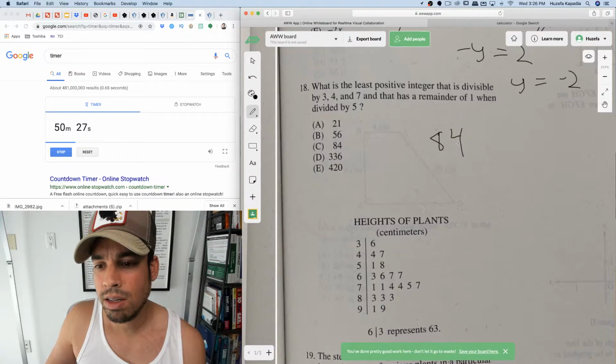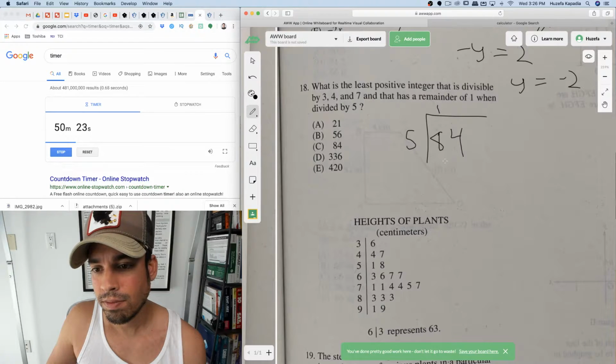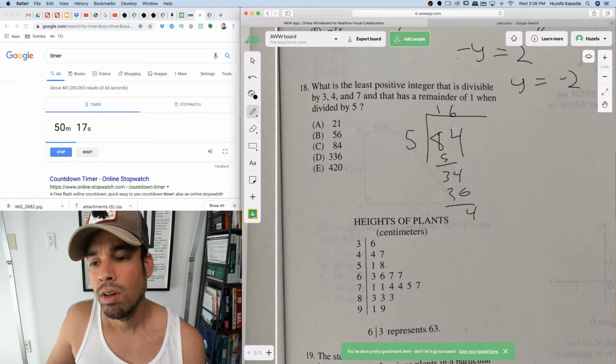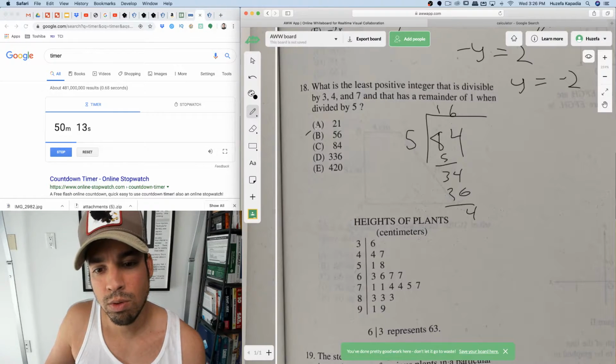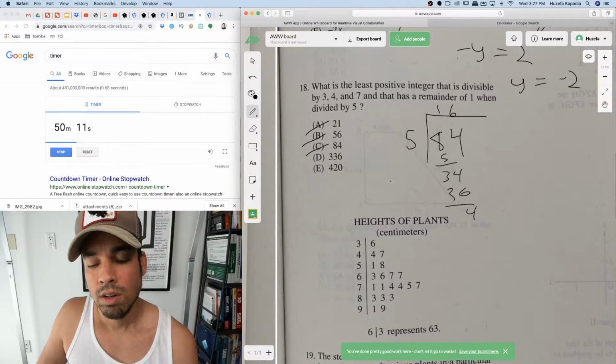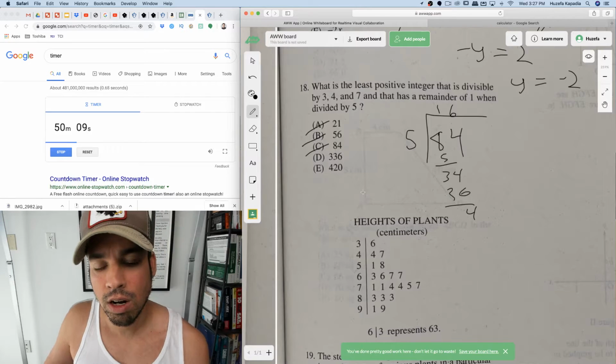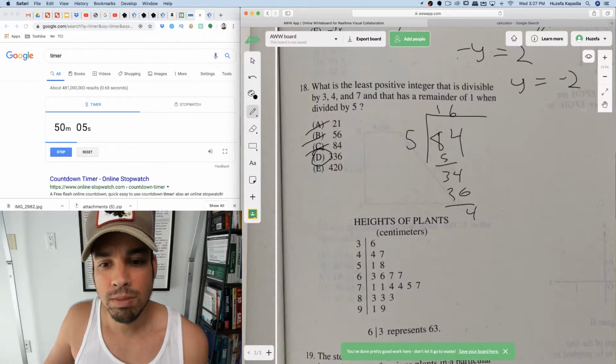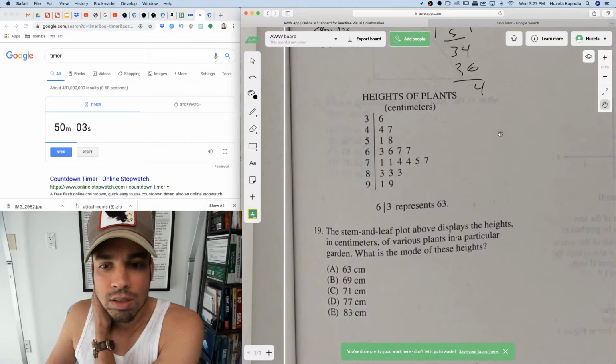If I divide 84 by 5, that has a remainder of 4. So it's got to be more than 84. Let's just check it out. Oh, it's this one, because this has no remainder when you divide it by 5, so it's got to be 336. It just has to be.